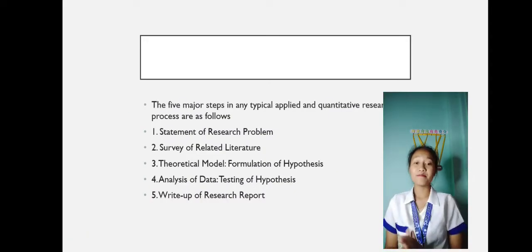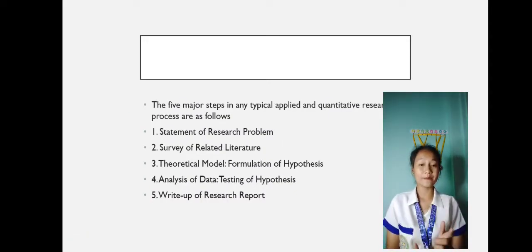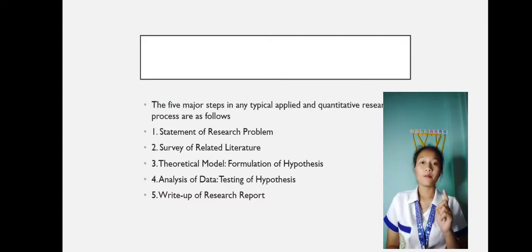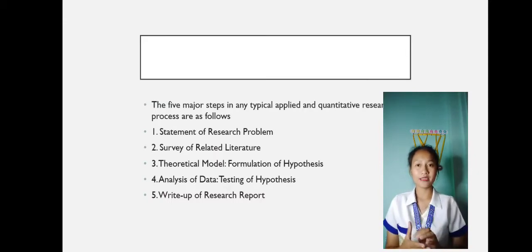So there are five major steps in any typical applied and quantitative research process, as follows. Number one is the statement of the research problem. Number two is the survey of related literature. Number three is the theoretical model formulation of hypotheses.